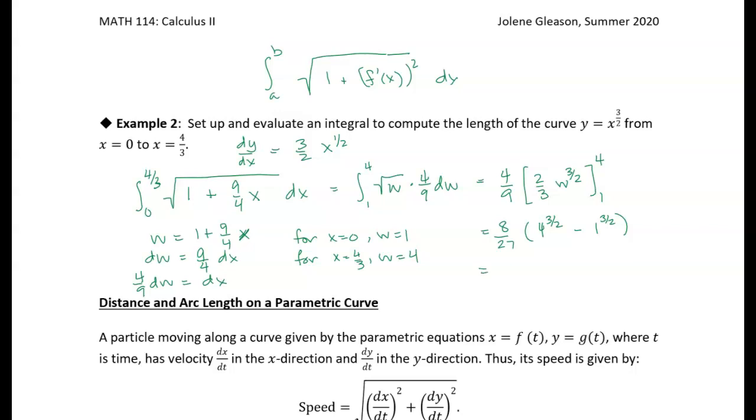So it becomes 8/27 times 8 minus 1, which is 7. 7 times 8 is 56, so I get 56/27. And I can't reduce that. That's 7 times 8, and 27 is 3 times 3 times 3, no common factors. So that is my final exact answer.